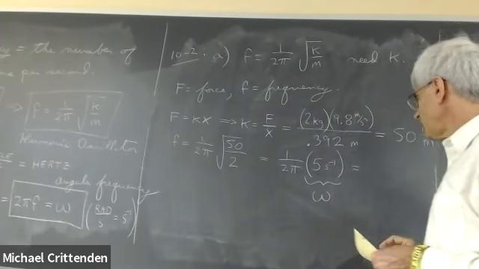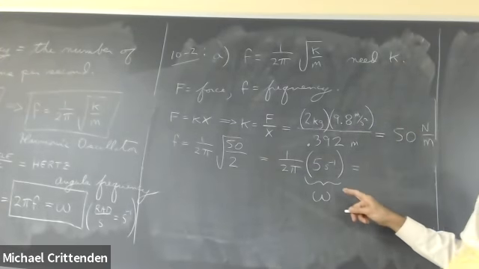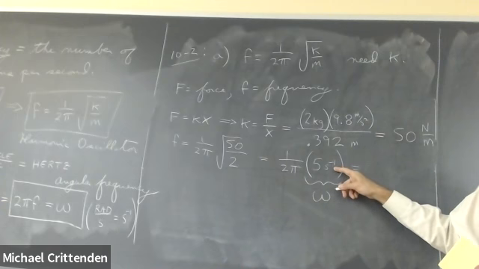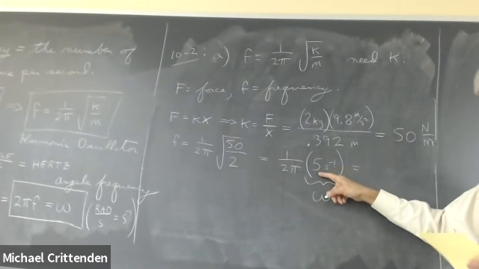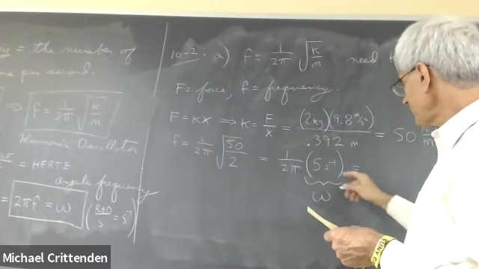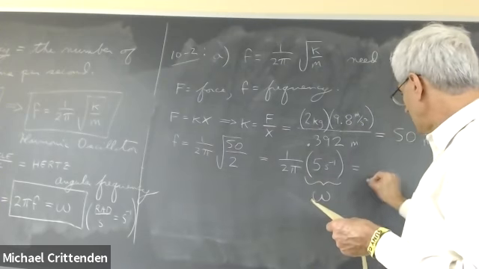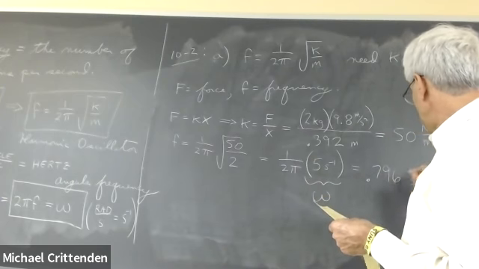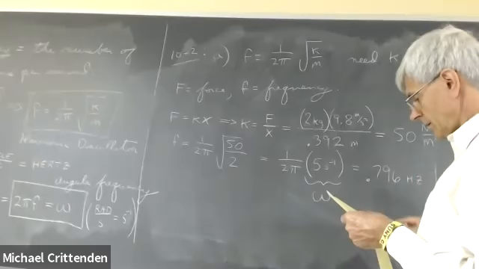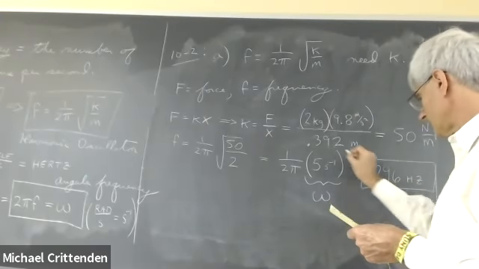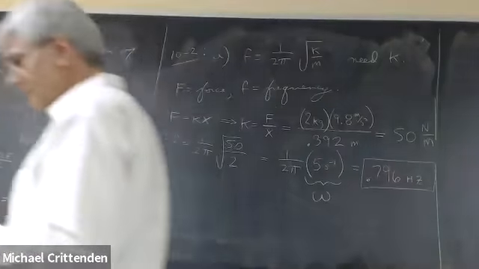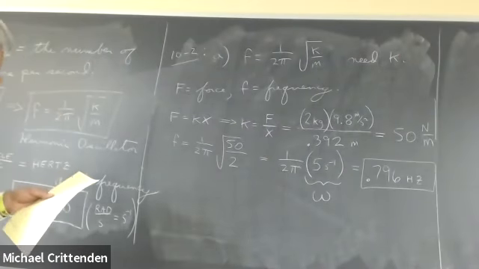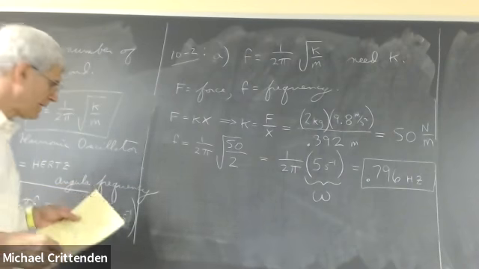So let's notice as we go by that the angular frequency, the frequency in radians per second, is 5. You divide that by 2 pi, 0.796 of a hertz. 0.796 cycles per second, if you prefer. So that was part A.